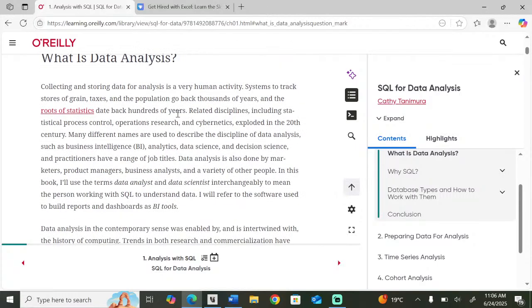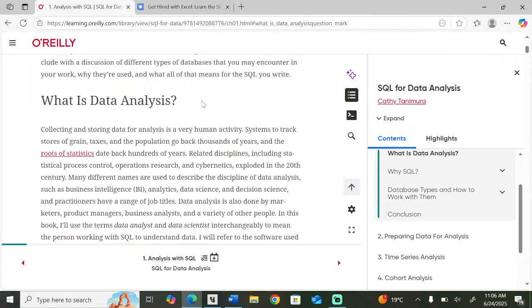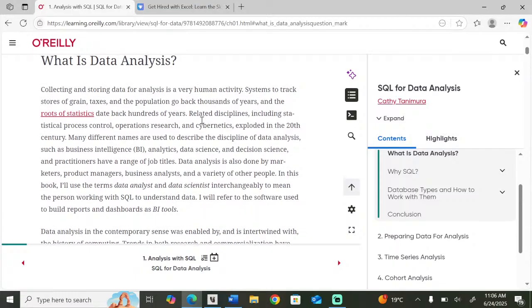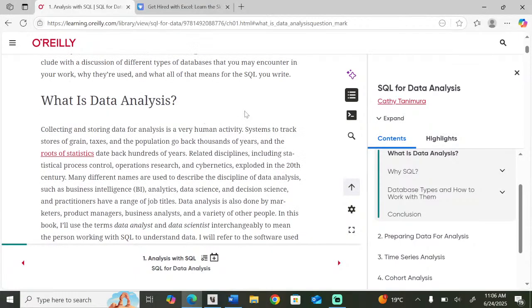The first part here is: what is data analysis? We are going to talk about what data analysis is. Collecting and storing data for analysis is a very human activity. Systems to track stores of grain, taxes, and the population go back thousands of years, and are the roots of statistics.